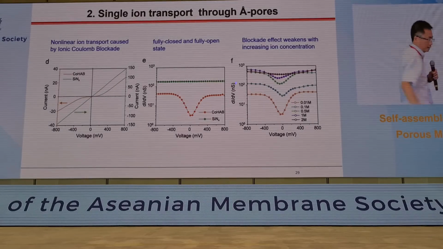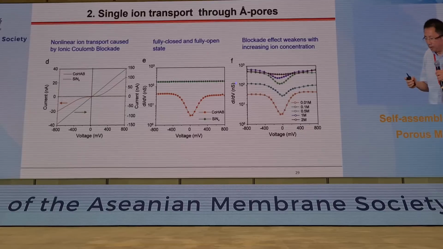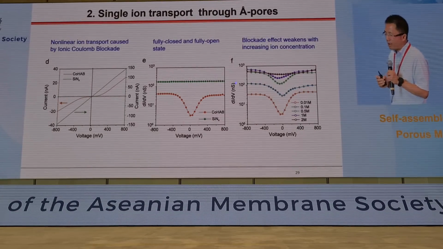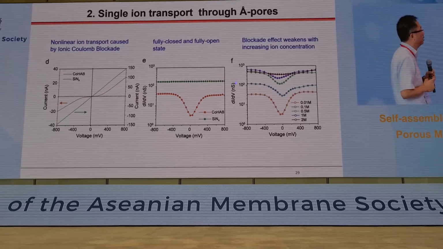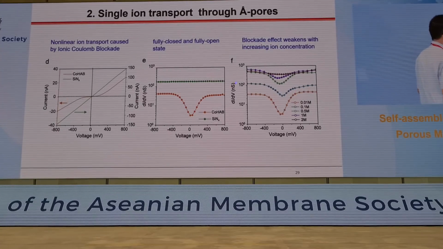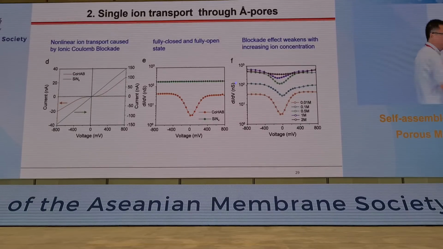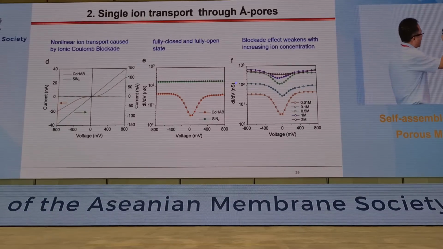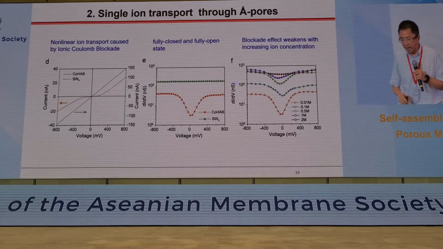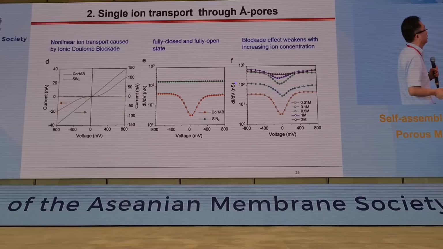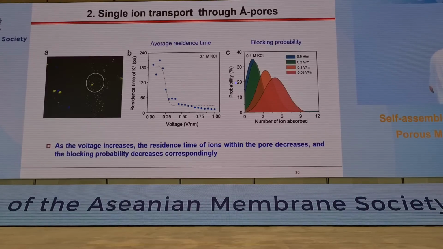This is a typical feature of the Coulomb blockade effect caused by single ion transport. We also see that with increased salt concentration in the solution, this nonlinear effect will gradually disappear.